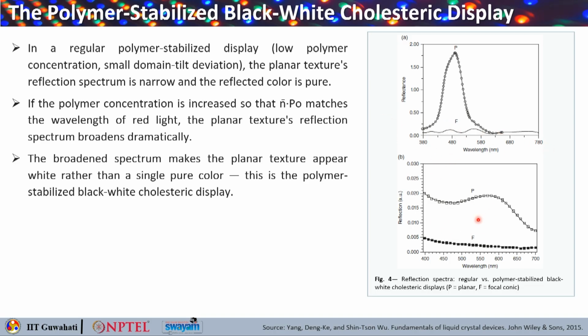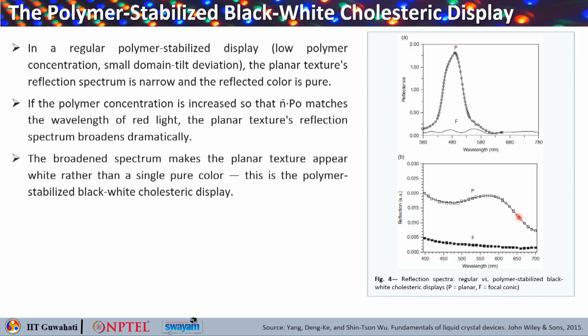So here you can see that the spectrum is dramatically broadened for the P curve in the black white variant. So what is happening here is that the broadened spectrum makes the planar texture appear white rather than a single color.